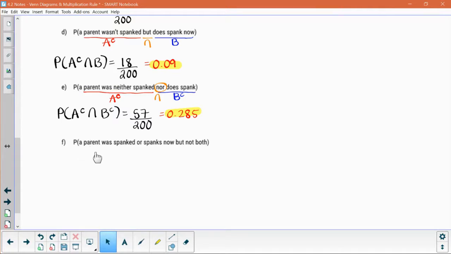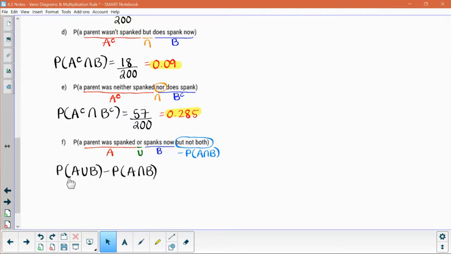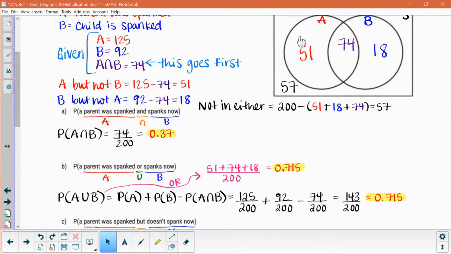What is the probability that a parent was spanked, so A, or spanks now, but they do not do both? So I want A or B, but I don't want the overlap. So what's the probability of A or B minus the overlap A and B? So I'm going to look back up at A or B, but I don't want this overlap of 74.